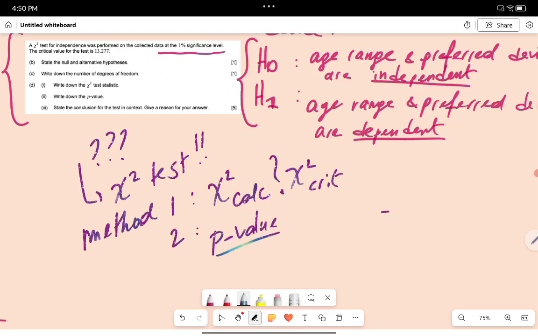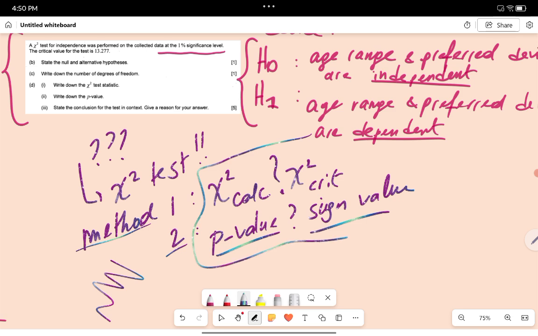And we're going to compare it to the significance value. I like this pen. This looks pretty nice. So this is what we're going to do. We've got two methods. And depending on who is bigger, we're going to either accept or reject the null hypothesis. Okay? So let's go step by step.